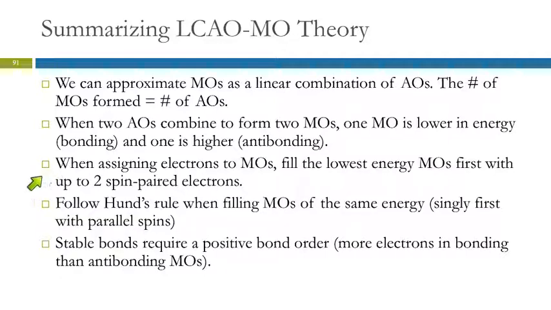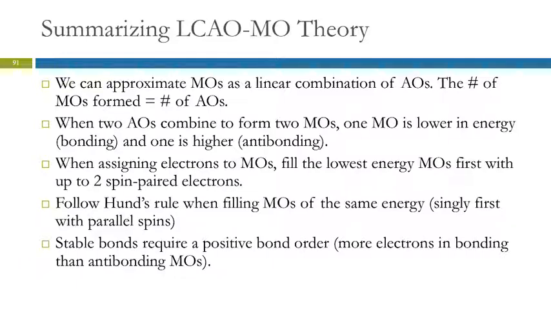When we put electrons in those molecular orbitals, we fill the lowest energy ones first with up to 2 spin-paired electrons, and we follow Hund's rule. If you have degenerate orbitals, orbitals with the same energy, you'll fill them with 1 electron first before you pair them up.